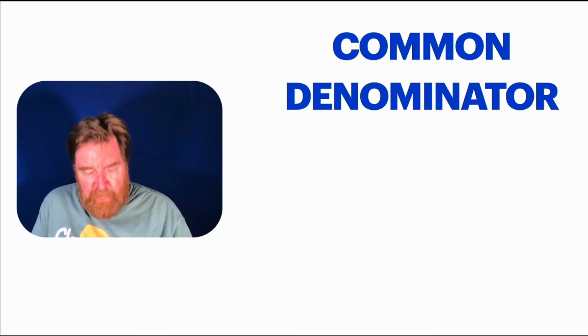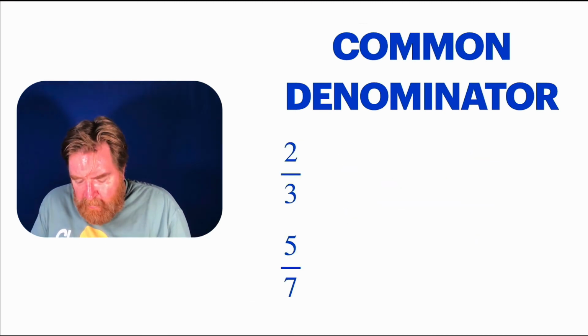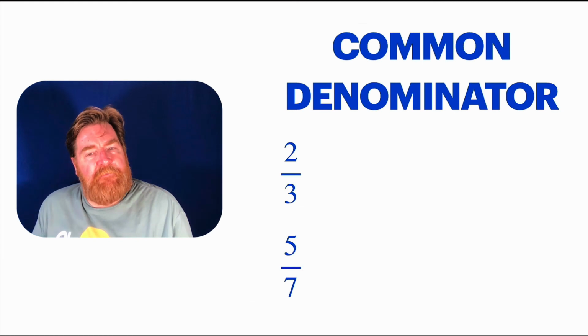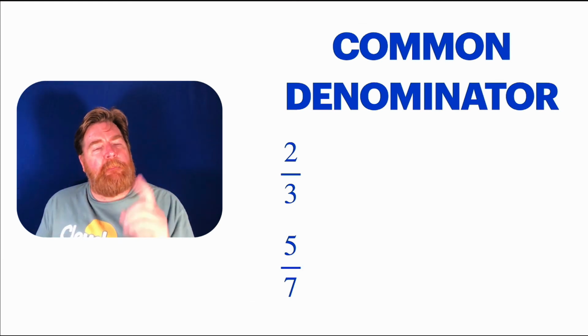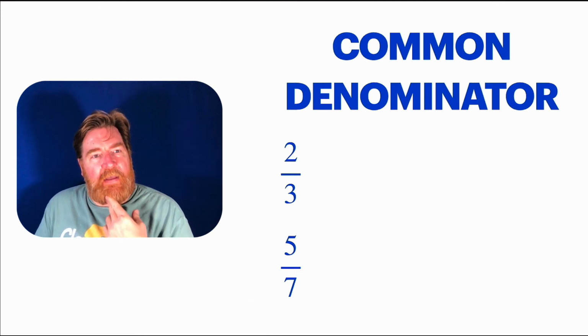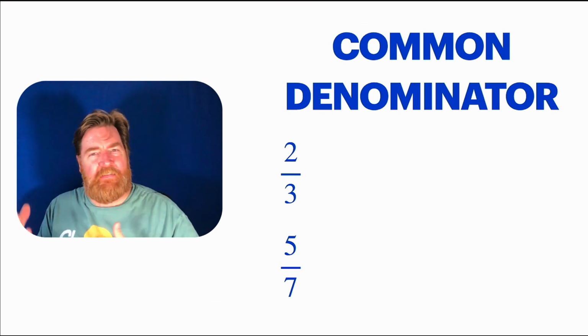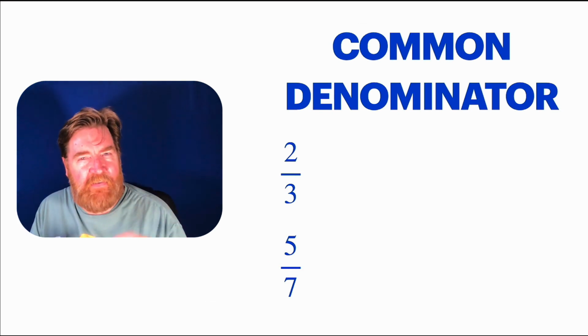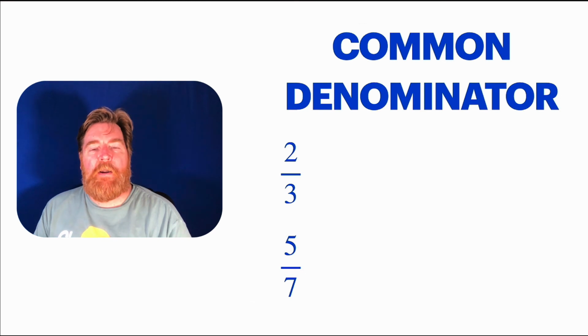So we bring them over here to the other side. 2/3 and 5/7. What's an automatic way to get a common denominator? Sometimes it can be hard to figure out other things like lowest common denominator. I don't know if you guys have heard that phrase before, but you know what?